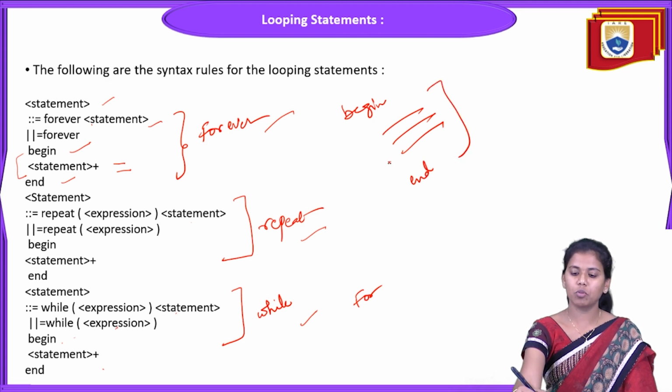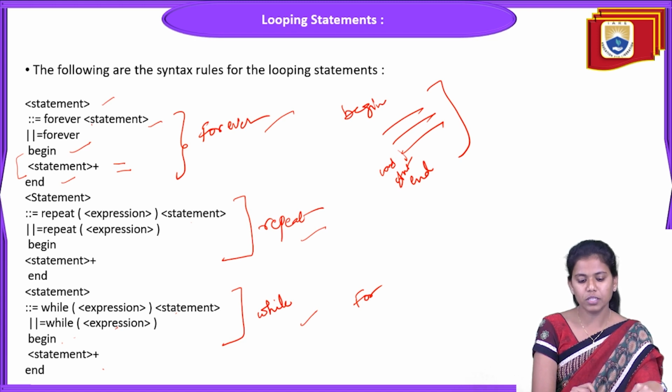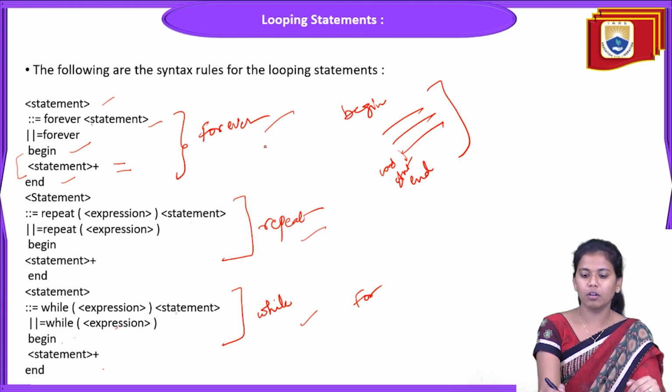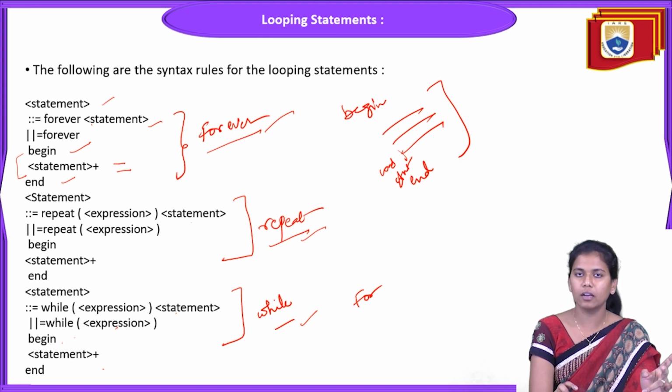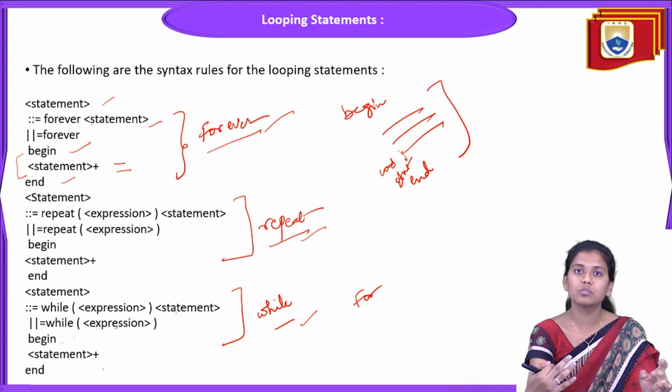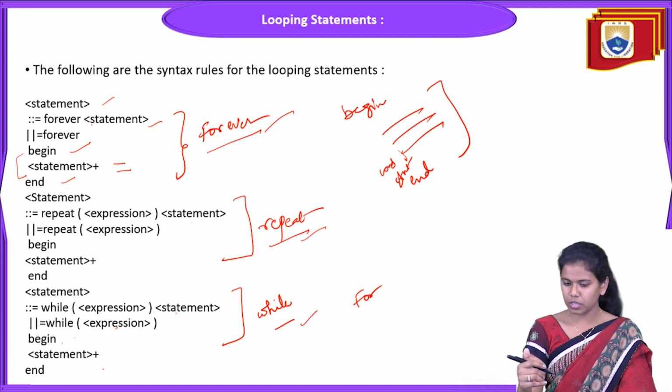Among these 4, only the for loop has a special thing: to execute the statements in the for loop, we have to follow the 3 steps, which we have already discussed.